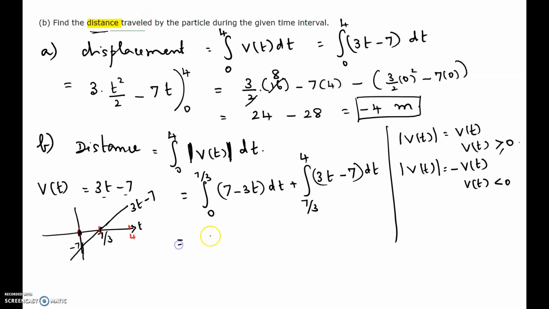Now you integrate. The integral of 7 minus 3t is 7t minus 3t squared over 2 between the limits 0 and 7 over 3, plus 3t squared over 2 minus 7t between the limits 7 over 3 and 4.